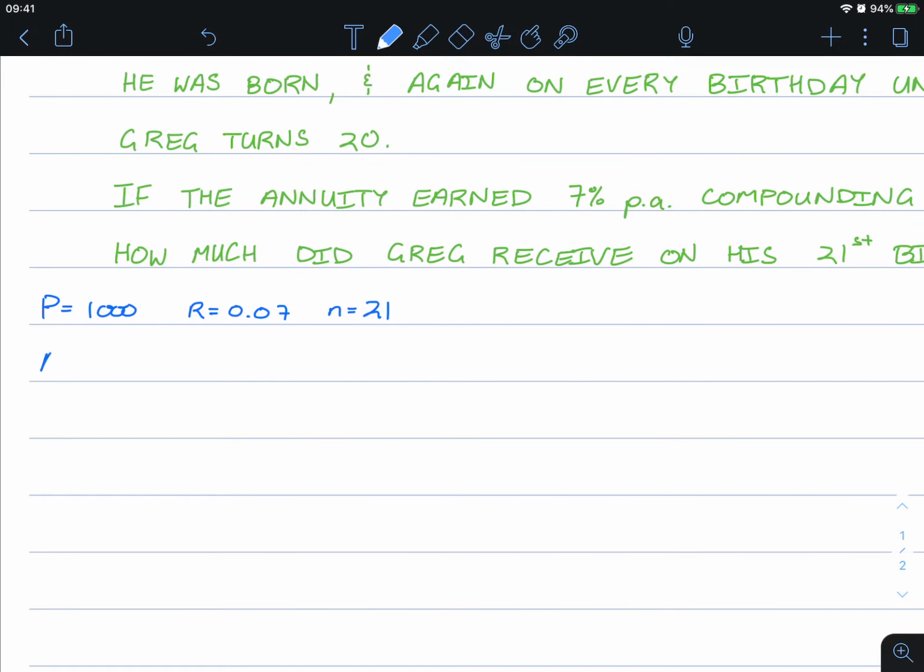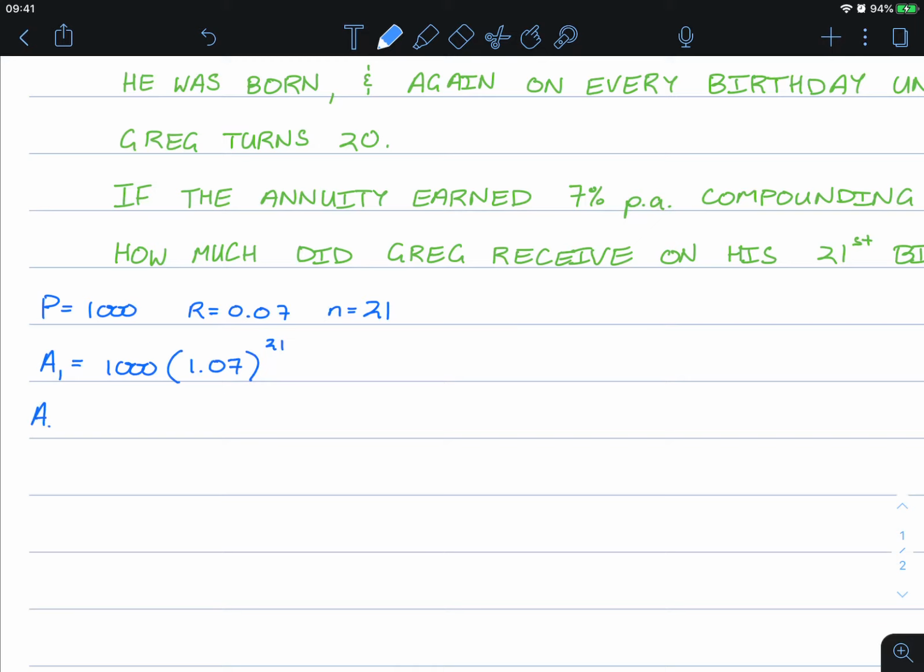So the value of the first investment from when he was born will be $1,000 times 1.07 to the power of 21. So that is the value of the first investment from when Greg is born.